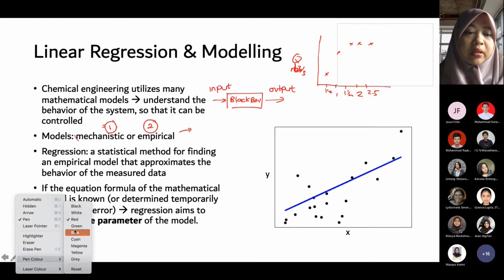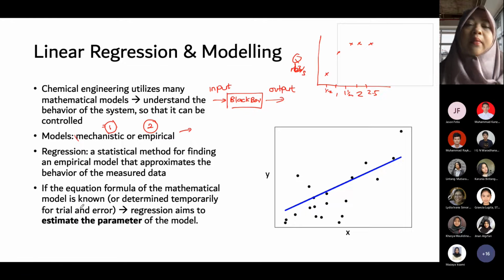Usually we first check the model by eye. Is it linear or not, or quadratic or parabolic? We look first with our eyes. Does it look linear?